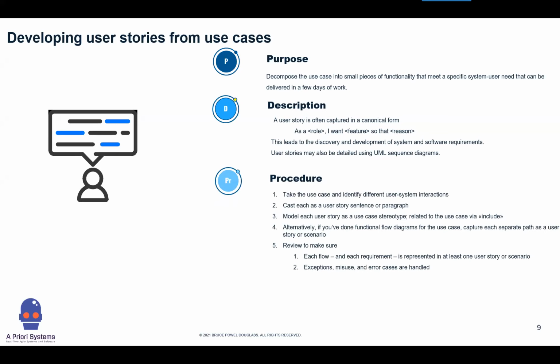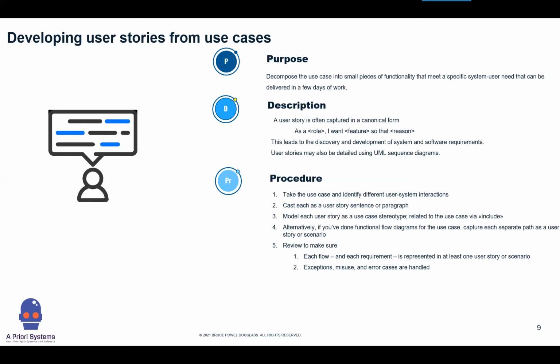So in terms of procedure, take the use case, identify the different specific interactions that you want to represent. Cast each as a separate user story. Model the use case story as a stereotype and capture the story. It relates to its owning use case with the include relationship.